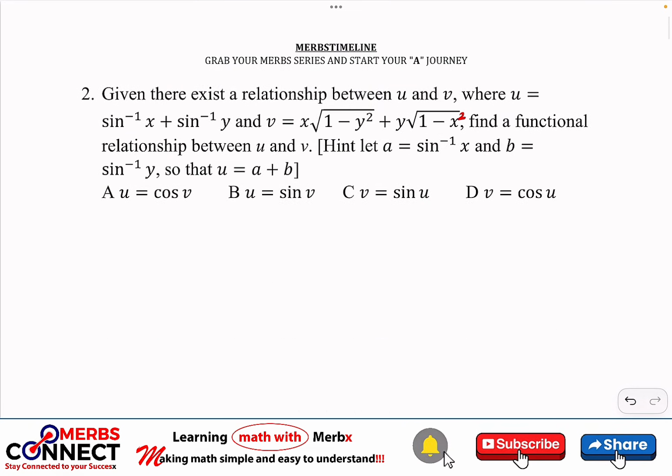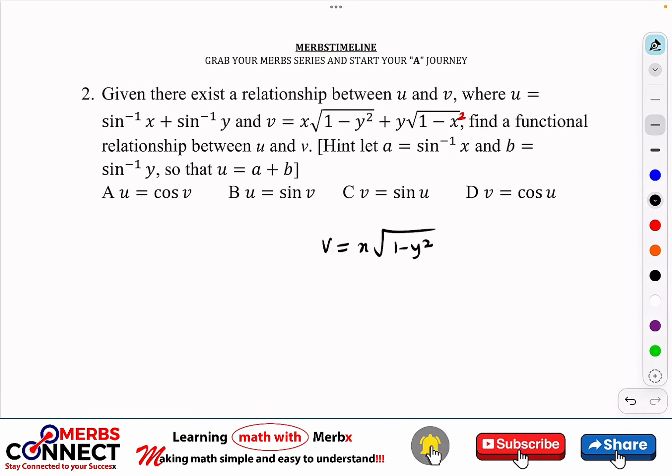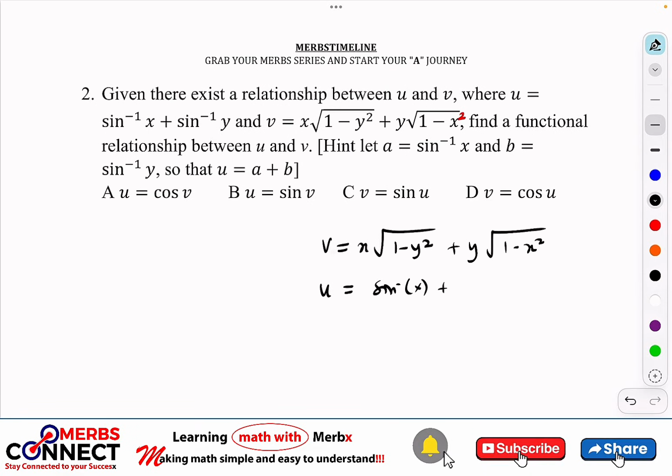Now, this question is very technical but very simple to work with. So we have v, which is equal to x square root of 1 minus y squared plus y square root of 1 minus x squared. And then we have u, which is equal to sine inverse of x plus sine inverse of y.